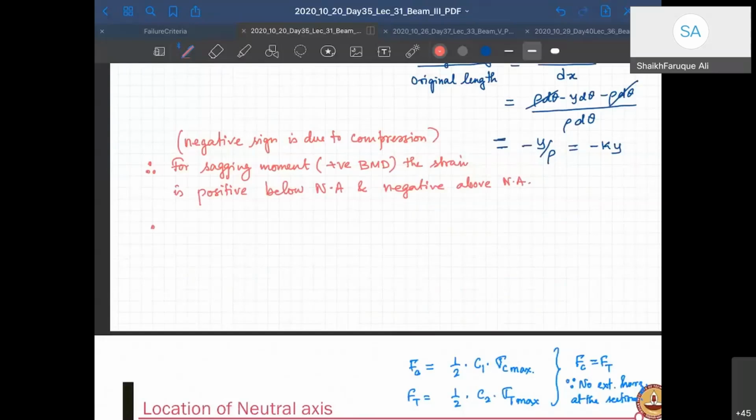Therefore, epsilon xx is equal to minus kappa into y. How do we find stress? From here we can find stress. So sigma xx is going to be E into epsilon xx, and that's going to be minus kappa E into y.